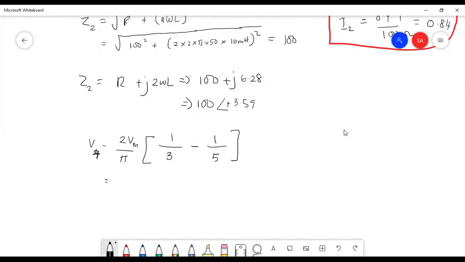So by using the calculator, this value is 8.5 volts. You also need to calculate Z4.